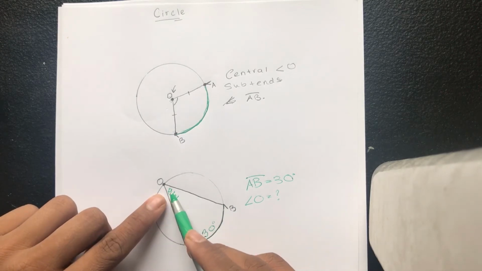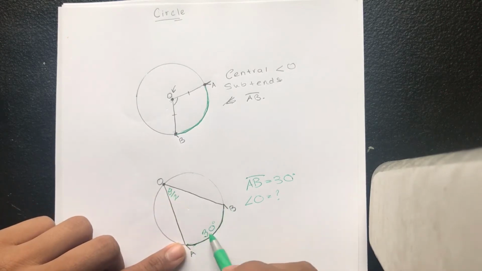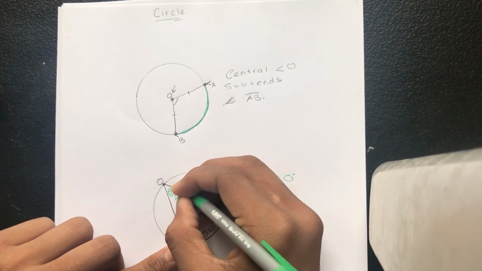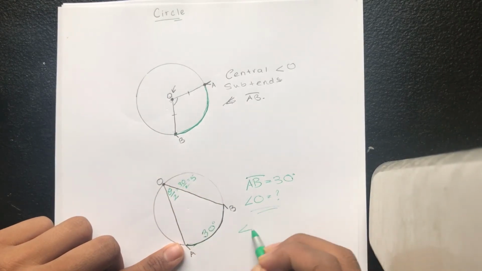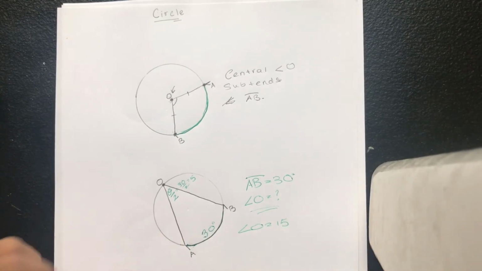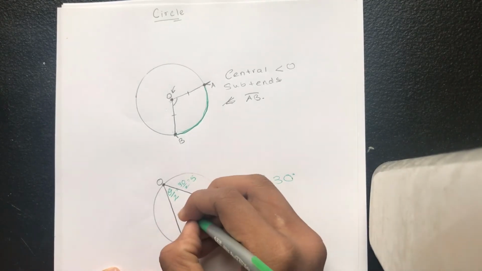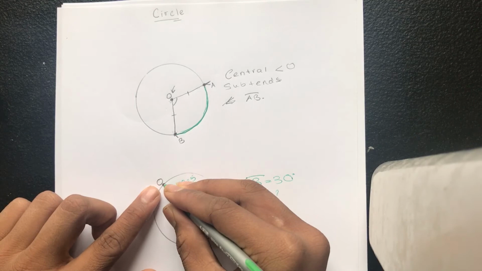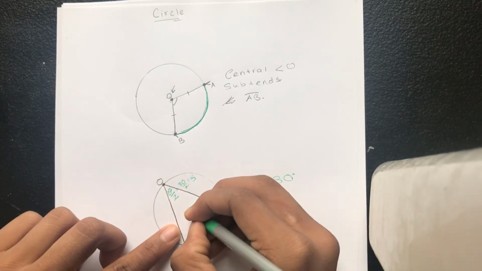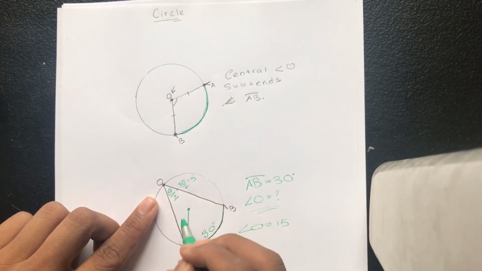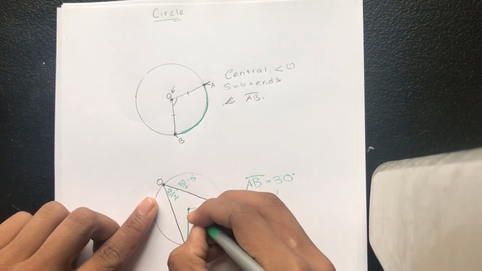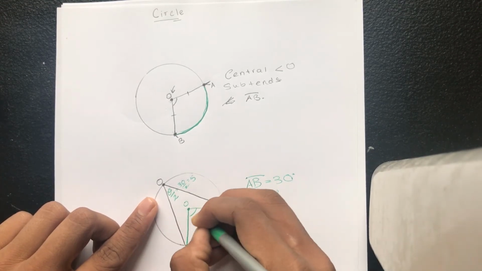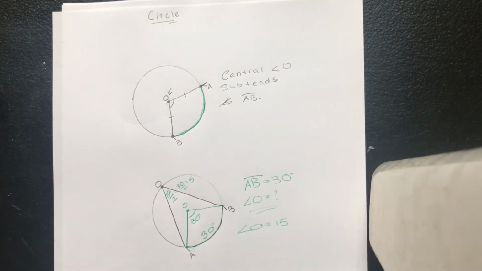So theta here is the measure of the arc. So theta is going to be 30 over 2, or 15 degrees. So the measure of angle O is going to be 15 degrees. Whereas, if instead we had the vertex O at the center of the circle, like this, but subtending the same arc, then angle O would have a measure of 30 degrees.